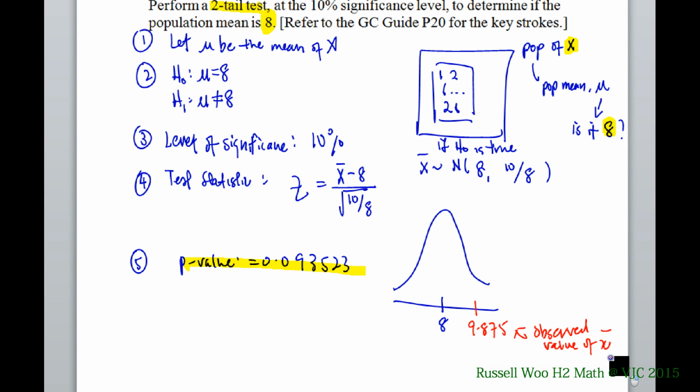This is the observed value of x bar. You are going to base your decision on this observed value. The further it is away from the 8, the more evidence you have against it.